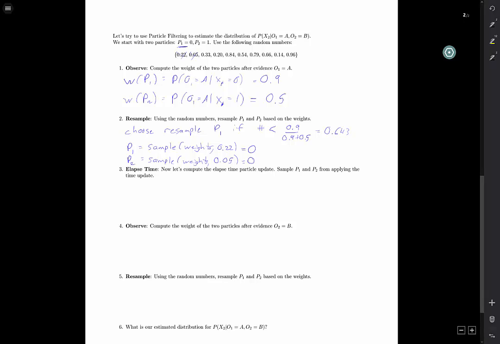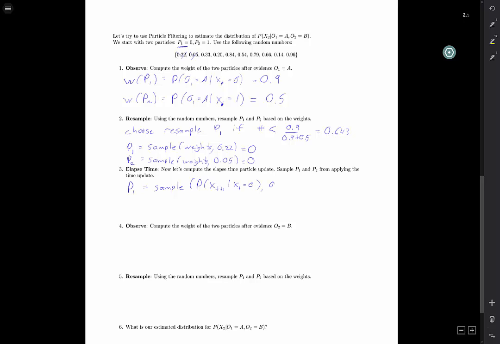So now in part 3, let's compute the elapsed time particle update. Sample P1 and P2 from applying the time update. So P1 equals, we sample from the transition distribution, probability of xt plus 1 given xt equals 0, because that's where particle 1 is.